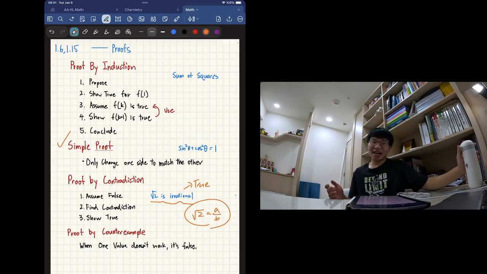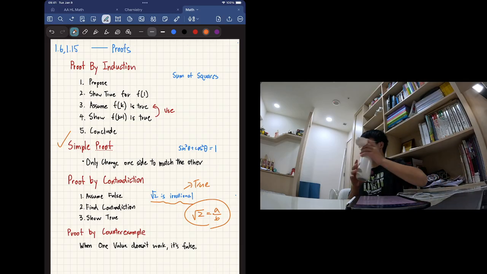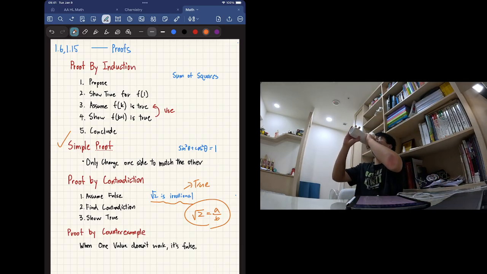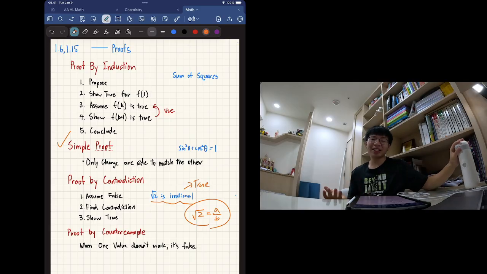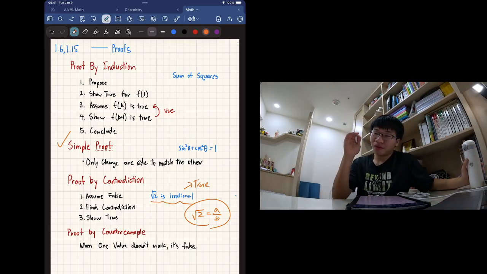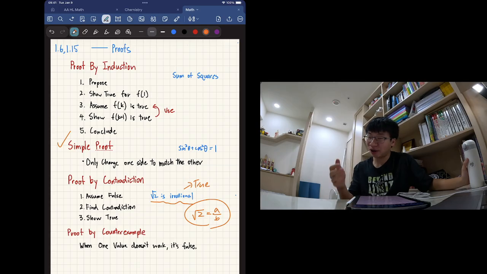And the last one, which I think most people, and me, sorry, need some practice on, is proof by induction. There are 4 steps to it, but I wrote 5 steps just to make it more straightforward. You propose your claim, and the question will give you the claim.